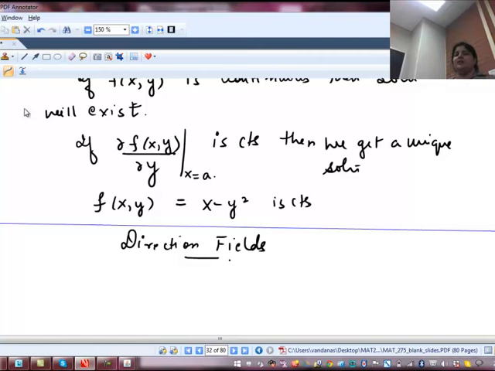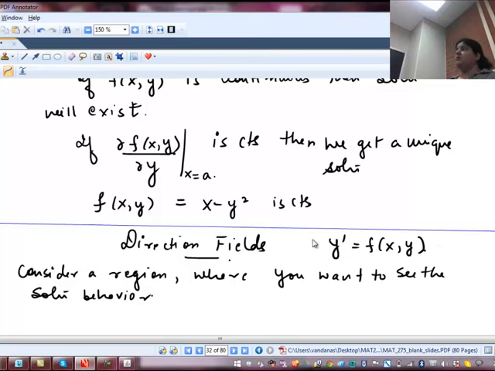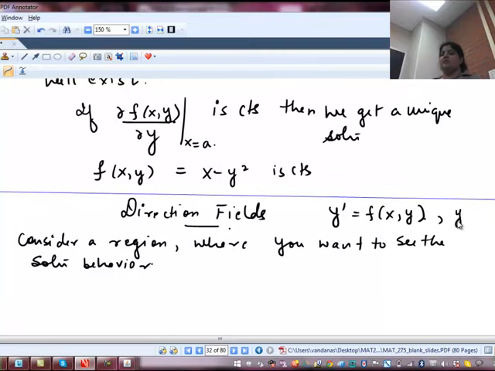So consider a region where you want to see the solution behavior, and we are focusing on the y prime equals f of x, y equation only. We are trying to understand this one. Okay, so as per the initial condition, y at x naught is y naught.